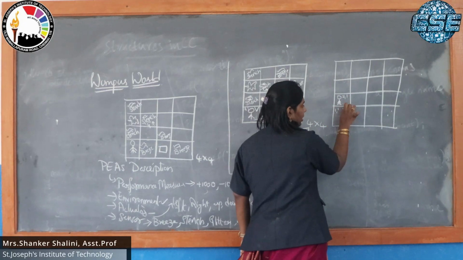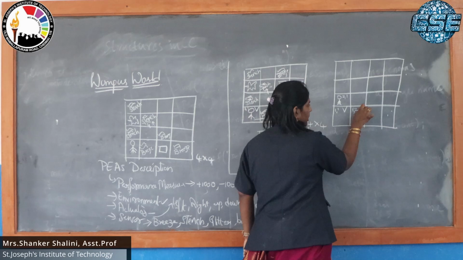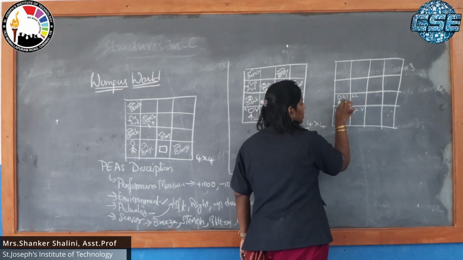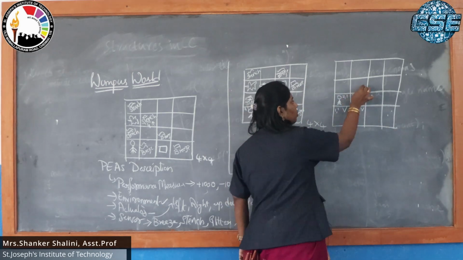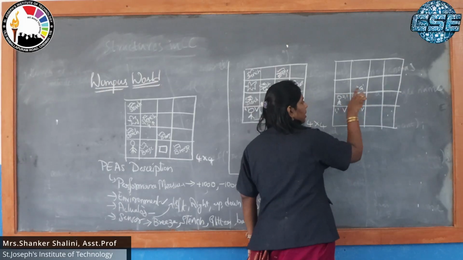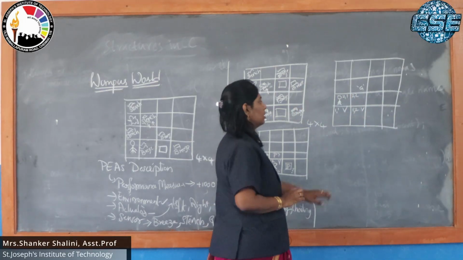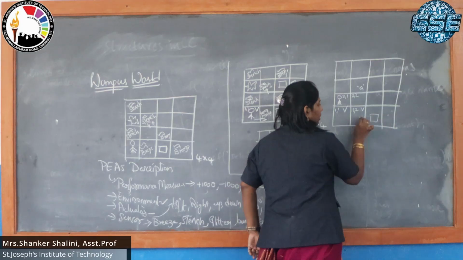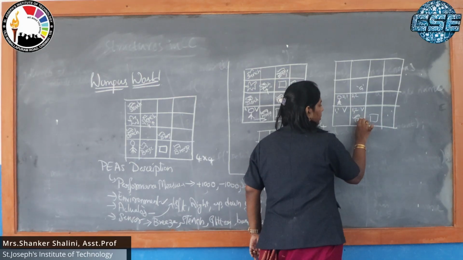Here 1, 1 is already visited, 1, 2 is visited, and he is in 2, 1 now. There is a gold here, and he has to grab the gold.